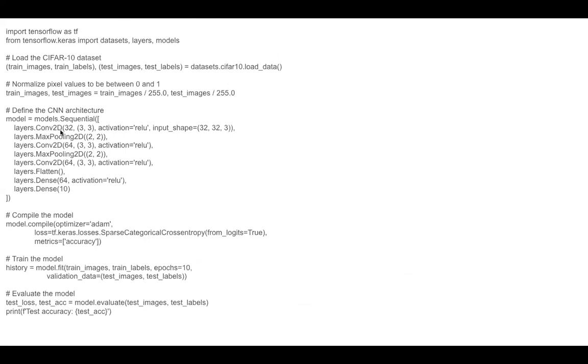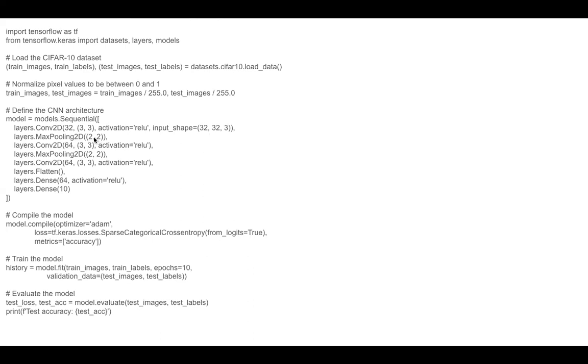So here you're defining a convolutional layer, 3x3 matrix. You're giving it the activation function and the input shape, which means the input image coming in is 32 by 32 by 3. Height, width, and depth. So that's the input matrix coming in.